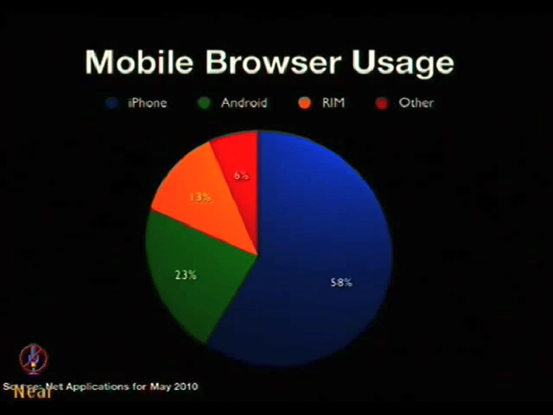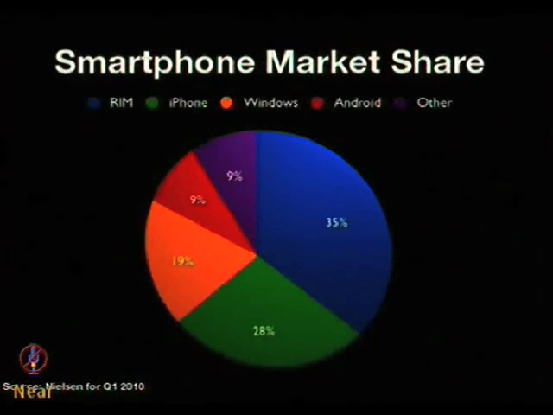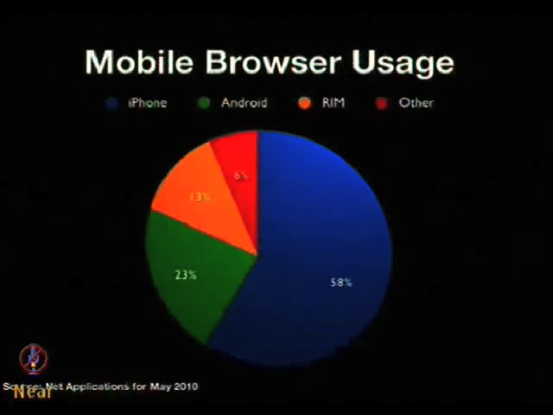Following that is Android, and then the other platforms kind of drop off. For instance, BlackBerry has a very large install base in the previous slide, but not much web browser usage because they have a terrible web browser. And it's not something that a lot of BlackBerry users are really focused on.